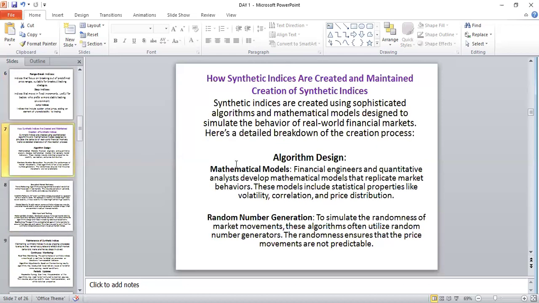Now, I promise that we are going to look at how they are generated and created. Synthetic indices are actually pairs that are made based on mathematical modeling. Are you with me? And all these can be looked at via algorithmic design. Now, let me tell you one thing.